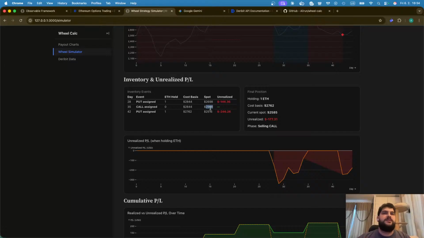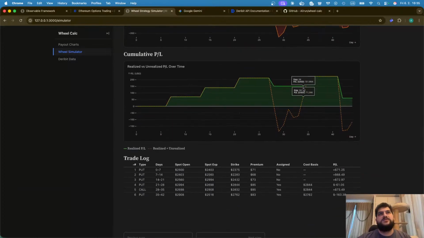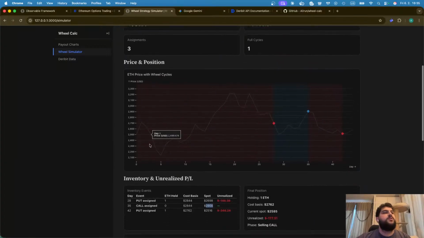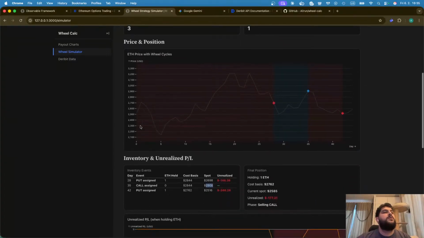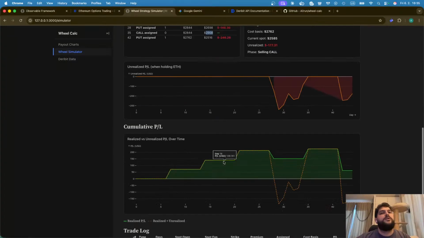So there is nothing unrealized then. And there is something realized. This is why this grew up. We have realized PNL, realized PNL, realized PNL. In the meanwhile, unrealized dropped, because there were no holdings basically, and then we started holding just here at day 28.